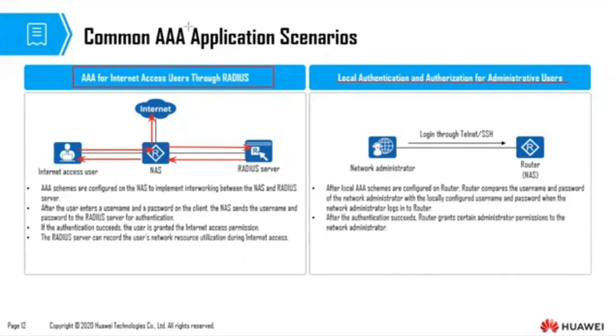For example, you want a colleague to be able to access the router or network resources through telnet or through SSH. To do that, you have to configure one of your network resources, like the router, as the NAS. And therefore, that network administrator is going to send their username and password. If they're authenticated, they can now be able to access other network resources through telnet or SSH.